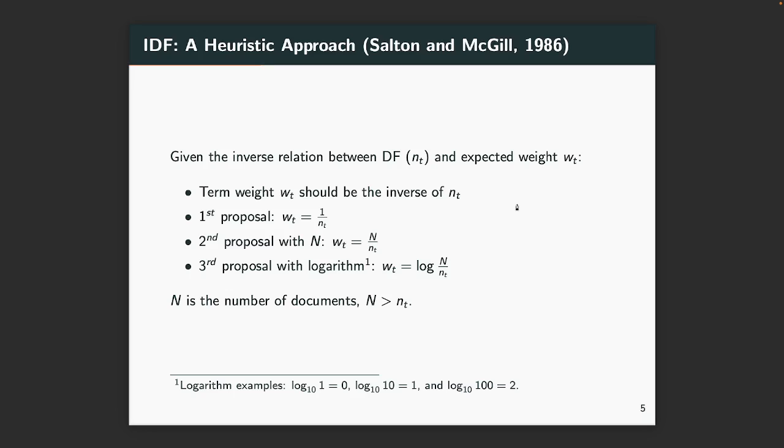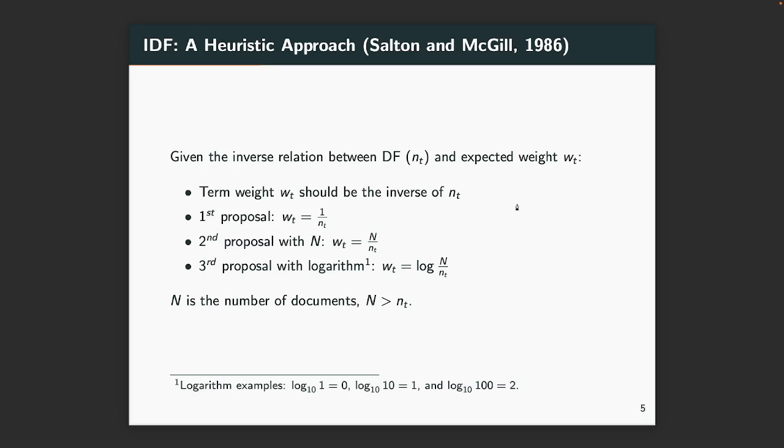But if you think about a specific word such as Orleans, NT can be a million. Even though a million looks like a big number, the total number of documents, capital N, can be a trillion on the web, and a trillion divided by a million is still going to be a million.